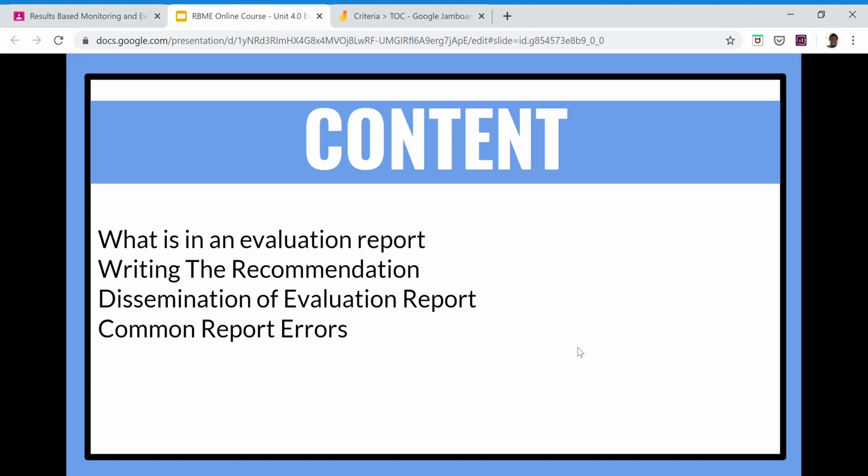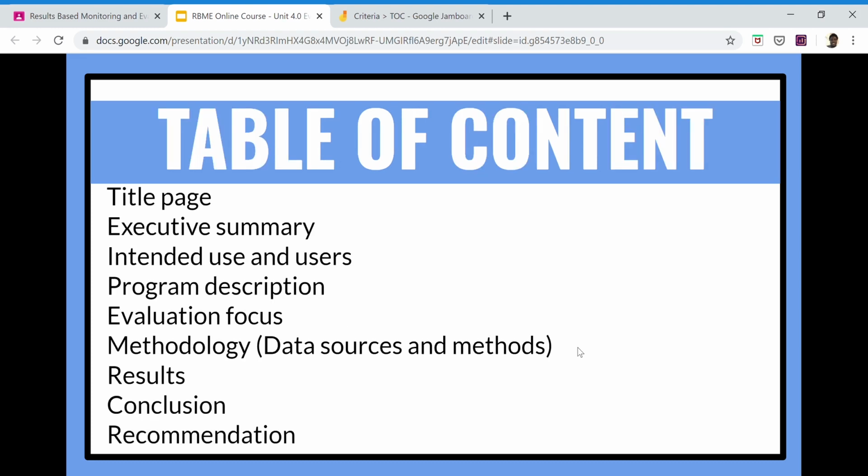The other important aspect is the executive summary, and we're going to come to this in some minutes. We will discuss how to create a communication plan, or what some people call dissemination matrix, for your evaluation. And we will conclude by looking at common reporting errors that we make, especially in the context of evaluation report.